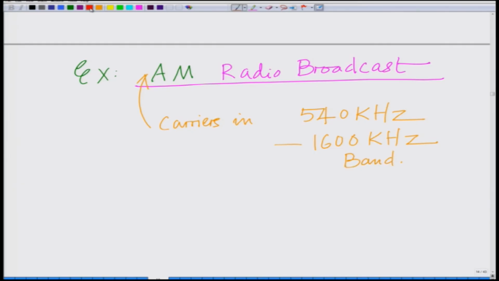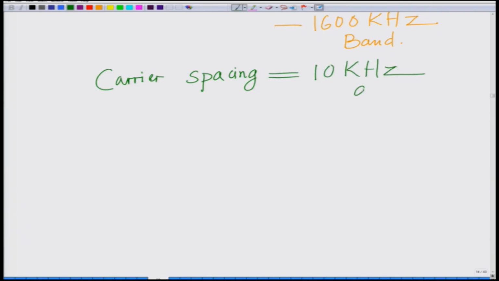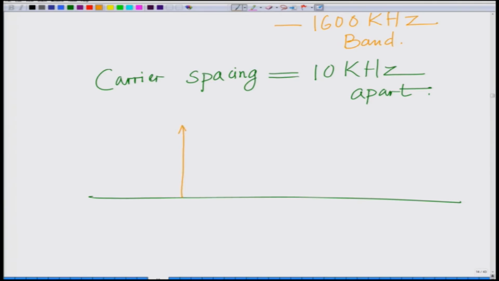Now, the carrier spacing is 10 kilohertz, the carriers are spaced 10 kilohertz apart.